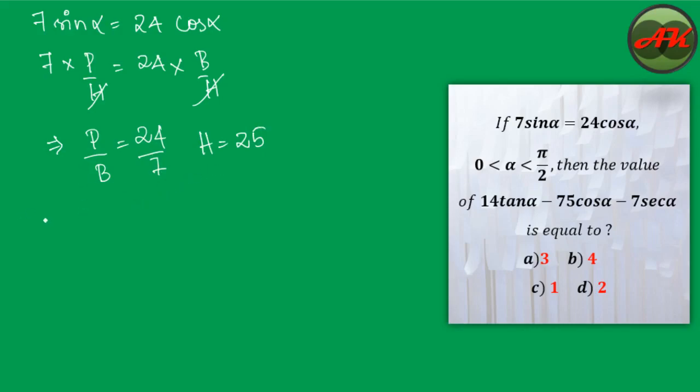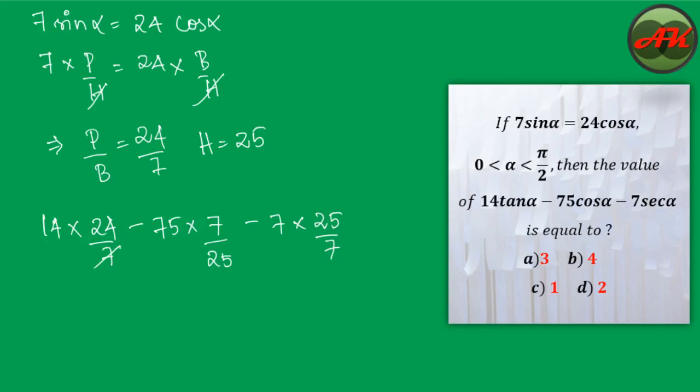So directly substituting: 14 into tan, which is perpendicular by base, so 24 by 7, minus 75 into cos. Cos is base by hypotenuse; base is 7 here, hypotenuse is 25, minus secant, which is hypotenuse by base, so 25 by 7.